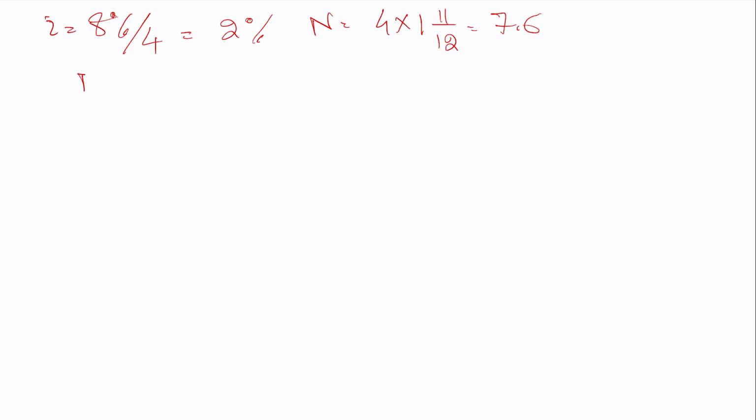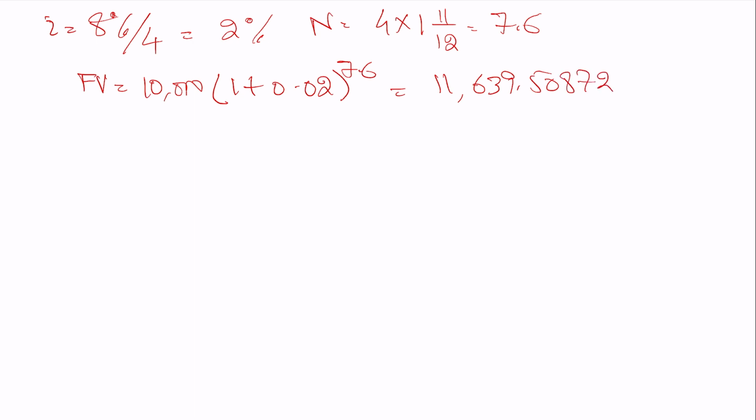So if we want to find out the future value of the 10,000 loan at the 23rd payment, we can say it's 10,000 into 1.02 exponent 7.6, and we get 11,639.50872.